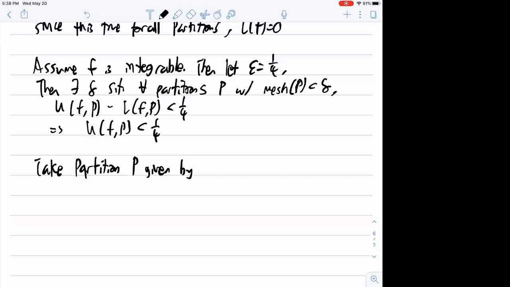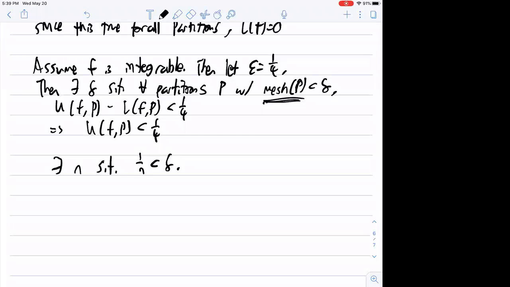I don't like the B. In my notes I assume B was 1, but okay, let's just work it out. Let's take the length of our interval to be 1 over n. Does everyone agree there exists n such that 1 over n is less than delta? Yeah. This means the largest length of my intervals is less than delta.